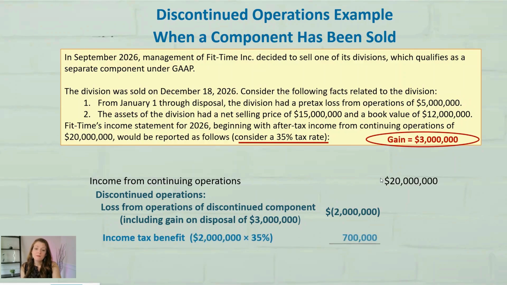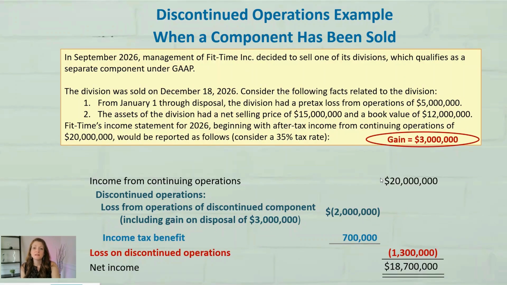Then the income tax benefit of that, since there was a loss of $2 million, we take the $2 million times 0.35, 35%, and that gives us a $700,000 income tax benefit from the loss. So it nets out to be a loss of $1.3 million from this discontinued operations. So at first we're like, they lost $5 million. Oh, but they did gain $3 million getting rid of the assets.